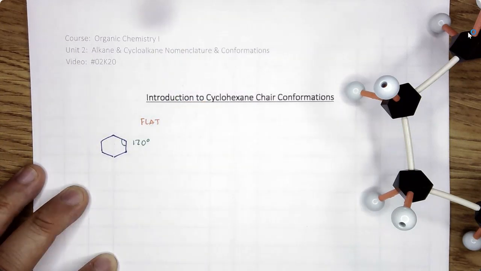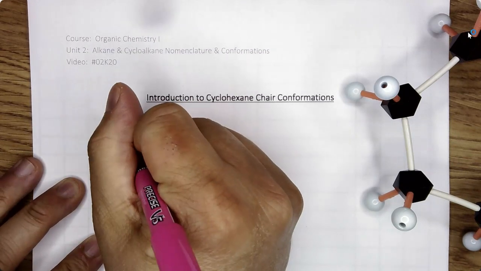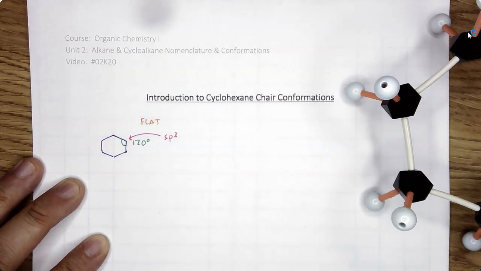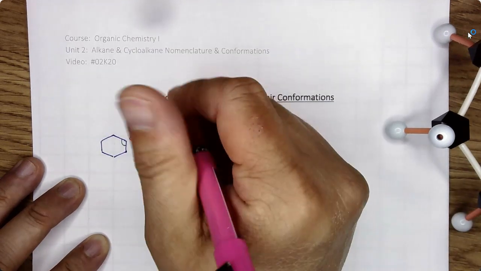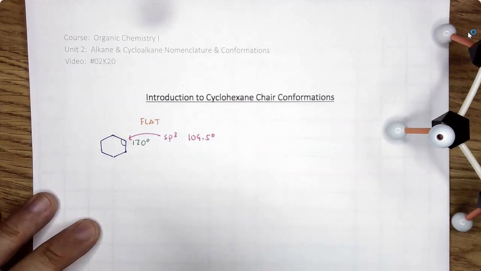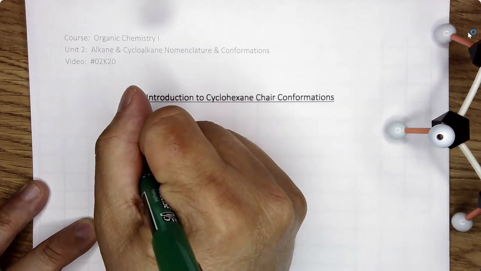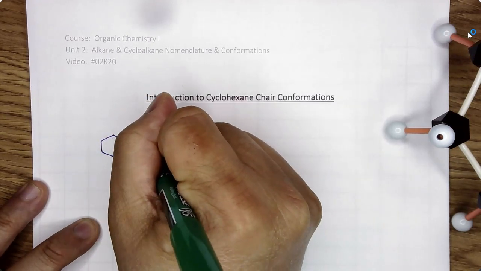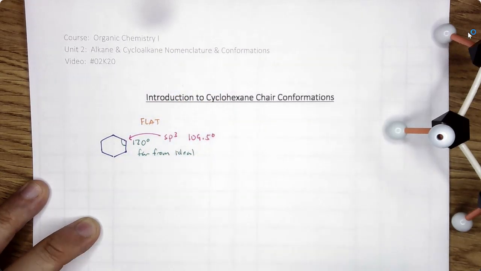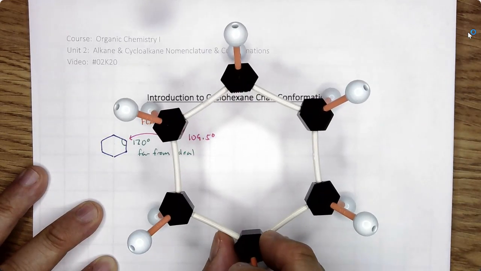That is far from ideal because this carbon right here is sp3, and the synonymous bond angle for sp3 carbons is 109.5 degrees. So when it is flat, this experiences pretty bad angle strain. 120 degrees is far enough from ideal, 109.5, and hence when the molecule is flat, there is pretty severe angle strain.